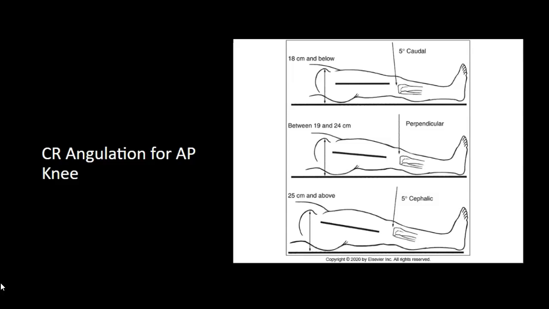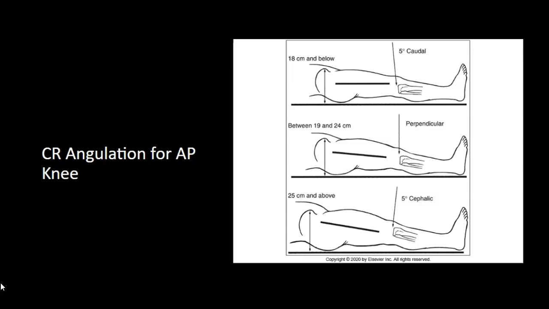Here, I have provided you an image of the central ray angulations for the AP knee. For patients whose upper thigh and buttocks measure 18 centimeters and below, you're going to use a 5-degree caudal angle because the tibial plateau is placed more caudally to the IR.